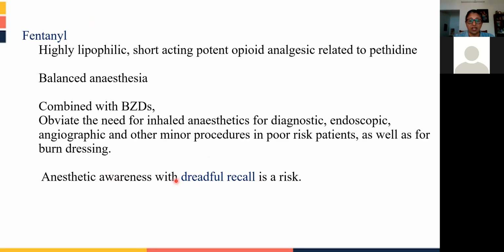Whatever they were doing, even though he was not sensing it, he will recall all the things that happened during the surgery or anesthesia. So that is called dreadful recall, and it happens with fentanyl.